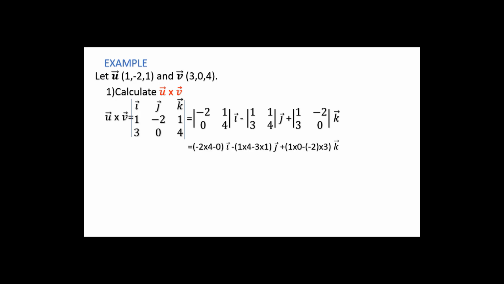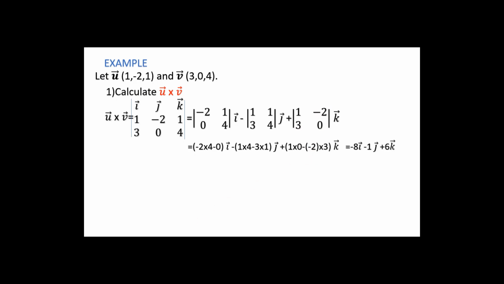So equal minus 2 multiplied by 4 minus 1 multiplied by 0, vector i. Minus 1 multiplied by 4 minus 1 multiplied by 3, vector j. Plus 1 multiplied by 0 minus minus 2 multiplied by 3.